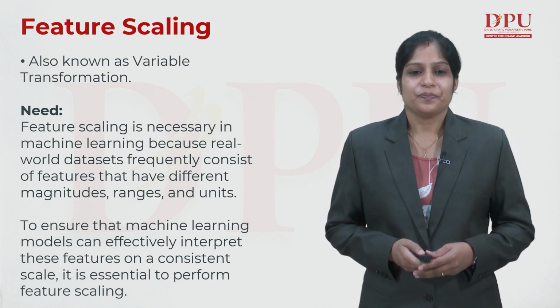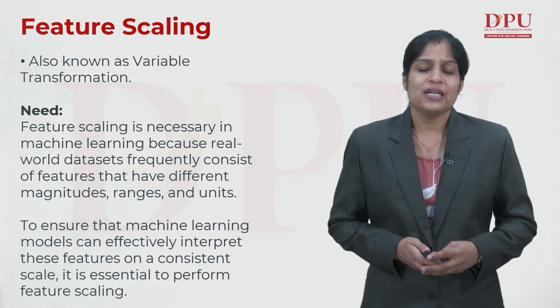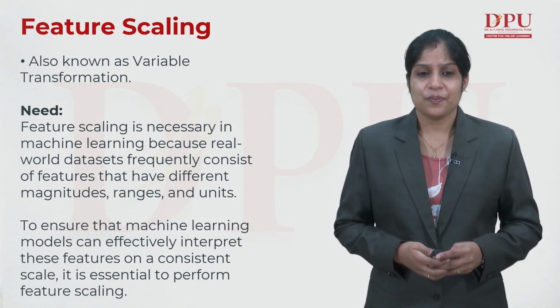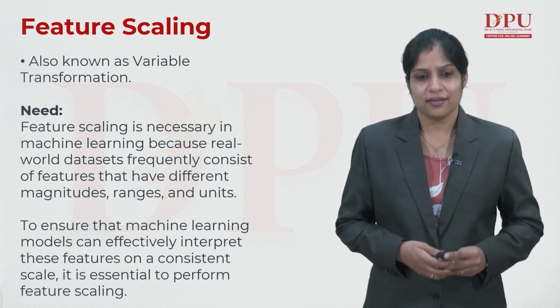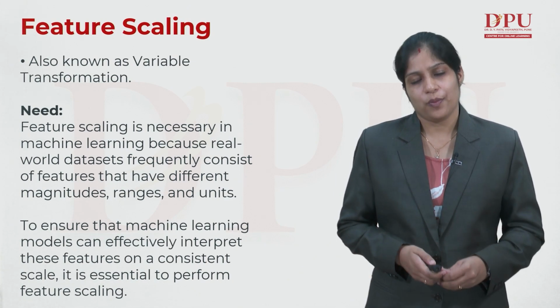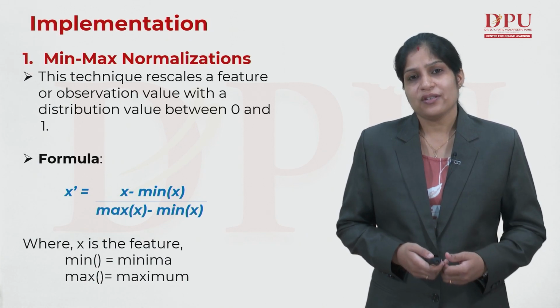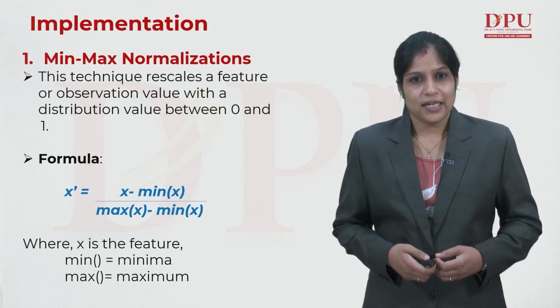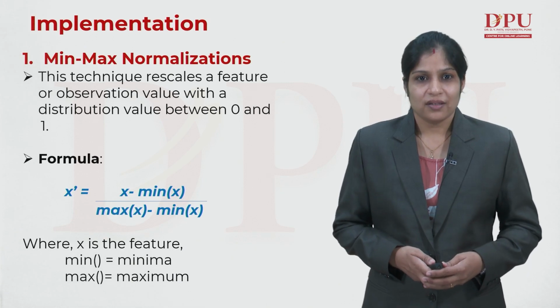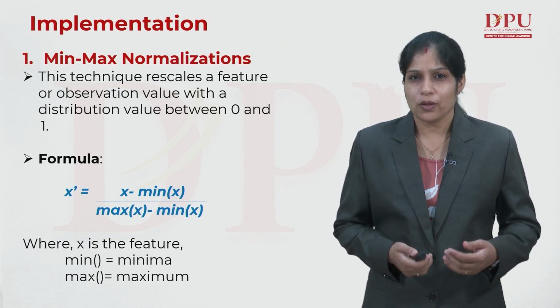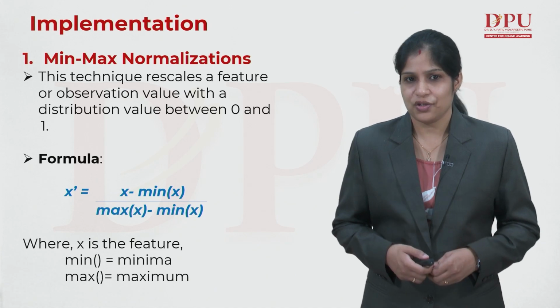Fine. Now, to ensure that machine learning models can effectively interpret these features on a consistent scale, it is essential to perform feature scaling. To implement feature scaling, we have three techniques. The very first technique is known as min-max normalization, also generally known as normalization.